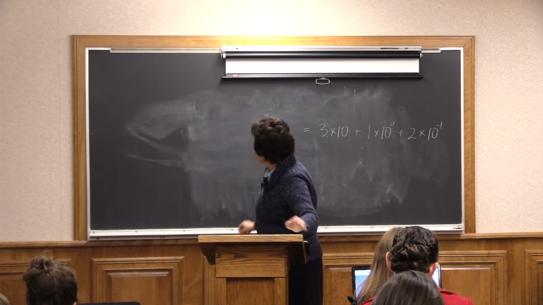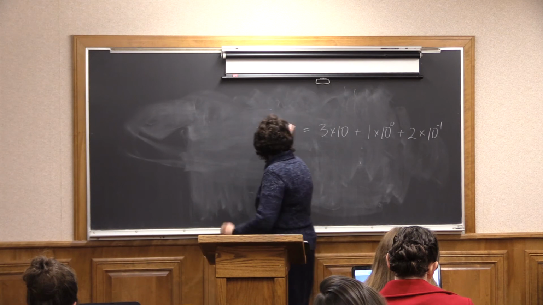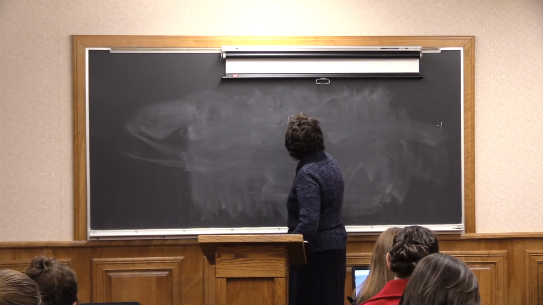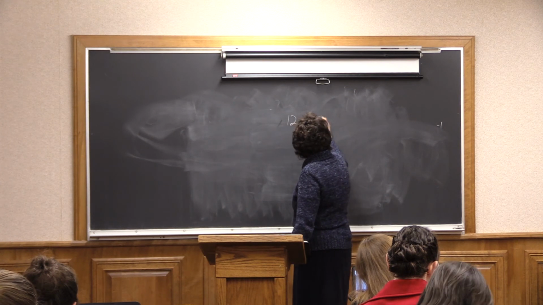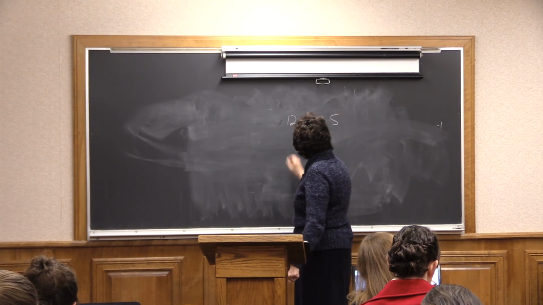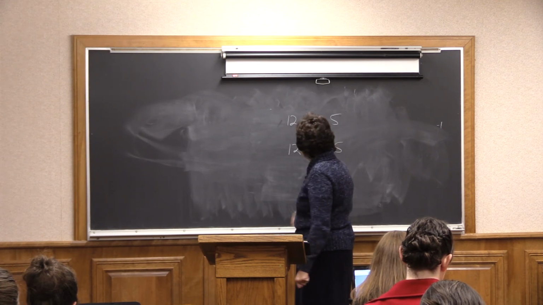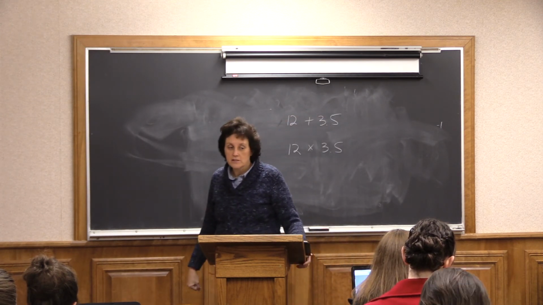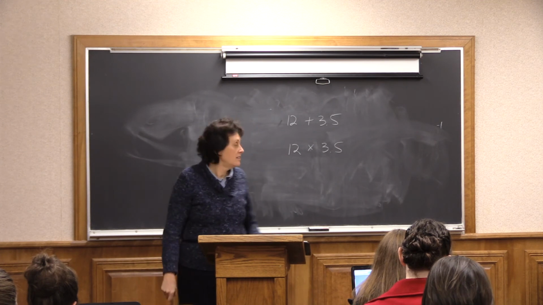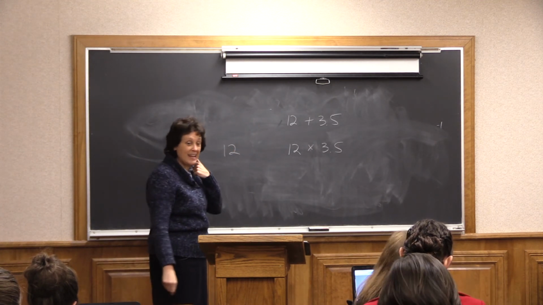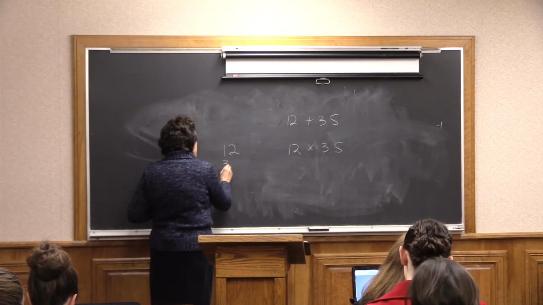Is that necessary? So if I am going to go back to that illustration with 12 plus 3.5, does that apply if I'm doing 12 times 3.5? No. I do not decimal justify when I am setting up my multiplication problem.